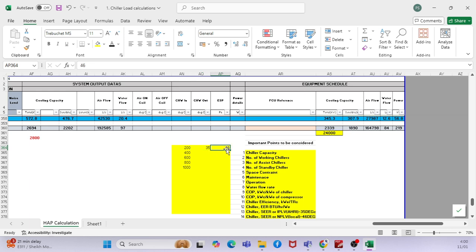Now, assume that we are doing a project in the Middle East, where you have 46 degrees Celsius. You are going to select the chiller capacity.